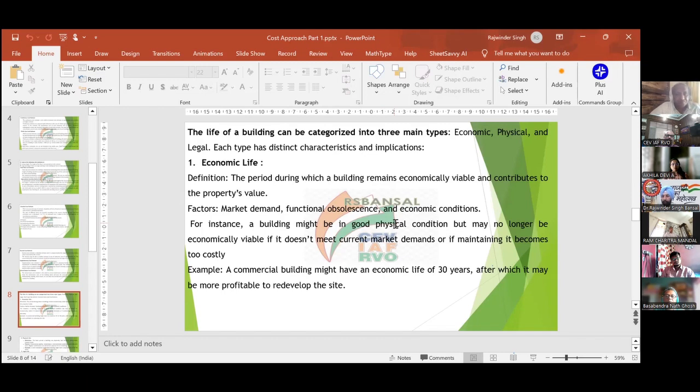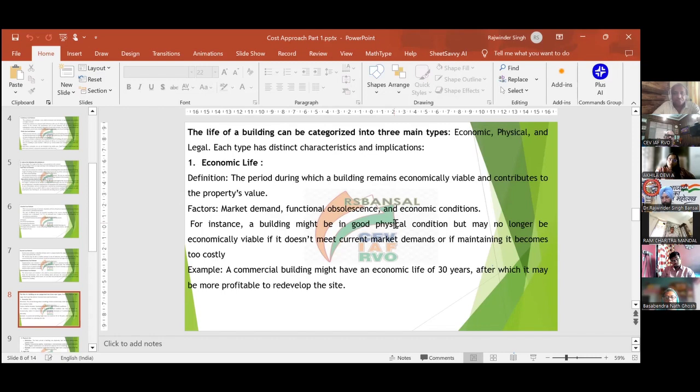Similarly, in the case of a building, when you construct a new building, it requires least maintenance, but as the age of the building increases, a time will come when the cost of maintenance will be very high, and it will be viable if you demolish the building and construct a new building.